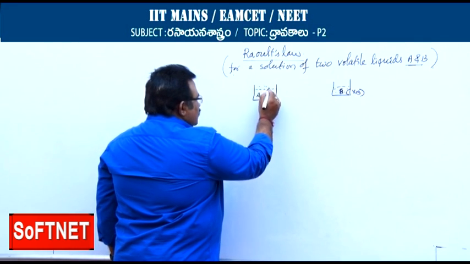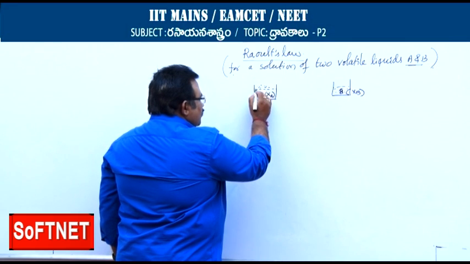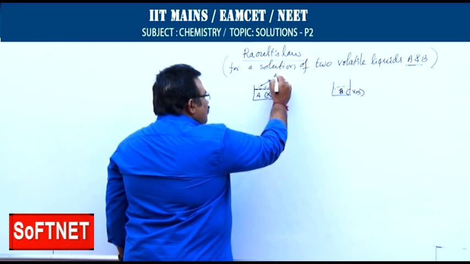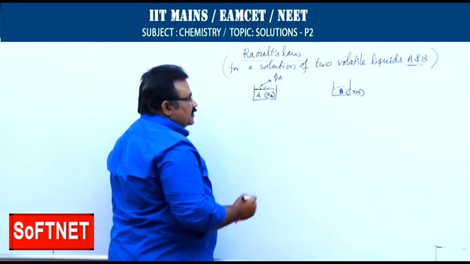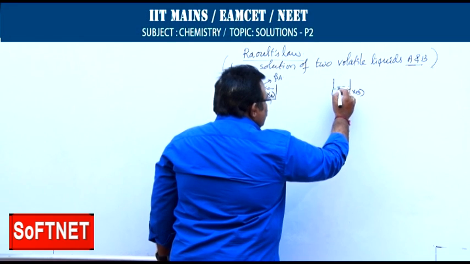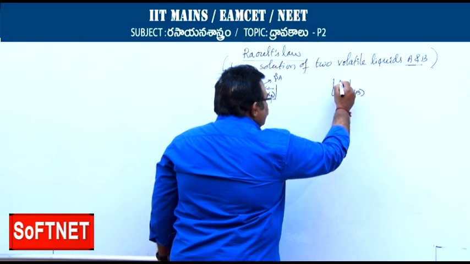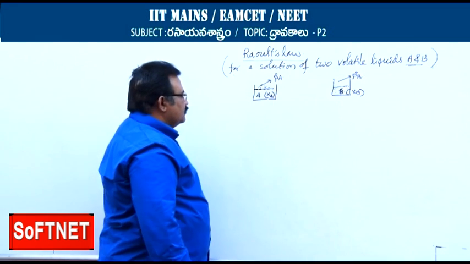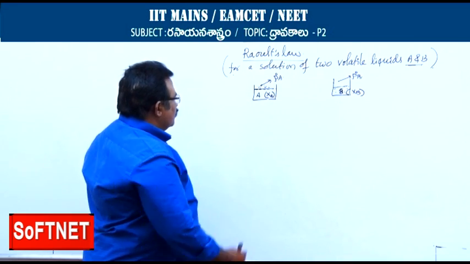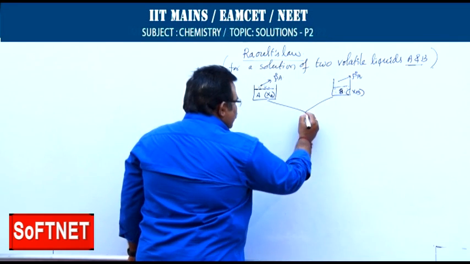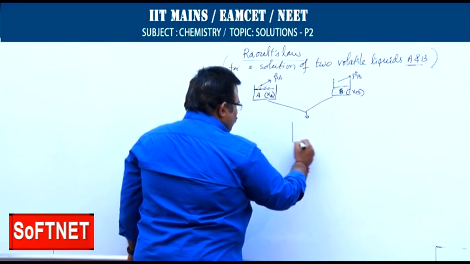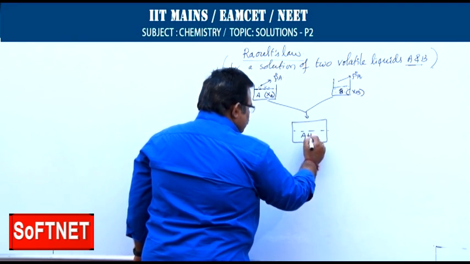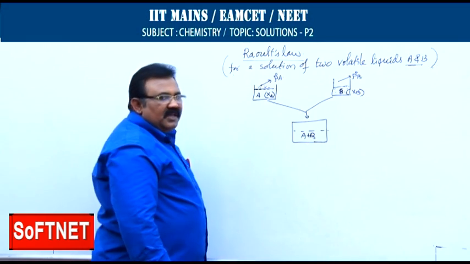The pressure exerted by A vapor on its liquid surface is called P naught A. The vapor pressure of B liquid on its liquid surface is P naught B. Now, these two liquids are mixed in a container. Now, the solution of AB is formed.